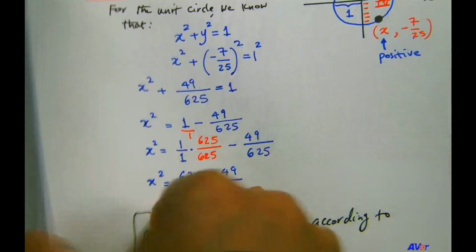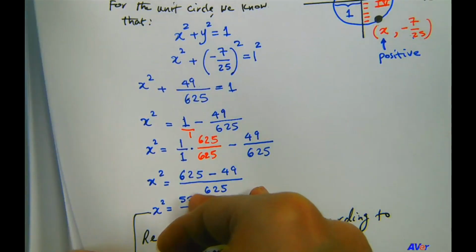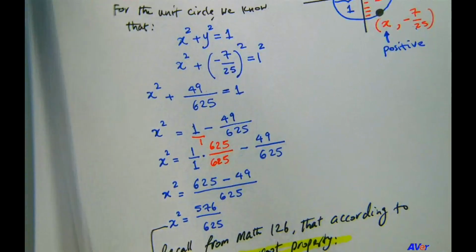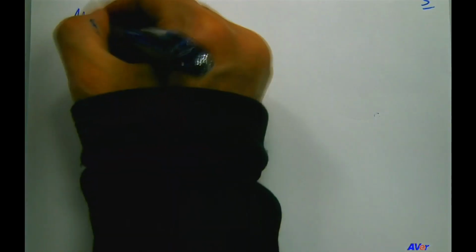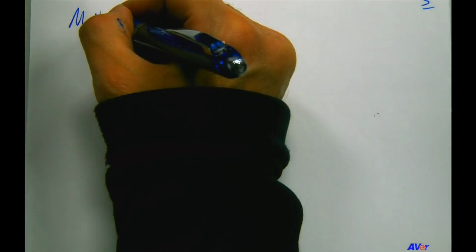All right, so let's look at some other very useful ideas that will be helpful throughout this course. The other thing we have to be mindful about is movement around the unit circle. So let's talk about that a little bit.